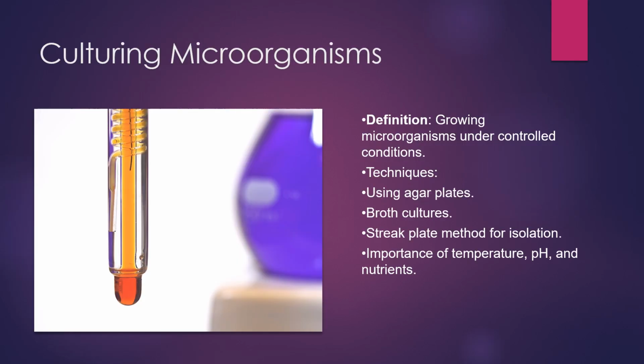Culturing, by definition, means growing microorganisms. And so they are grown under controlled conditions, i.e., conditions that they like or grow favorably in. And so they can be grown in broth, which is a liquid form of agar, as well as solid agar on plates.